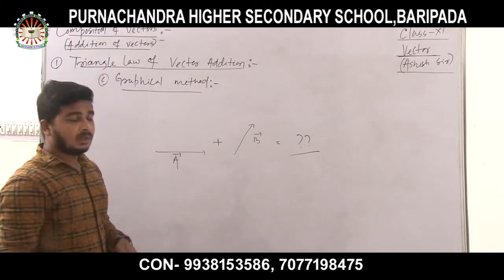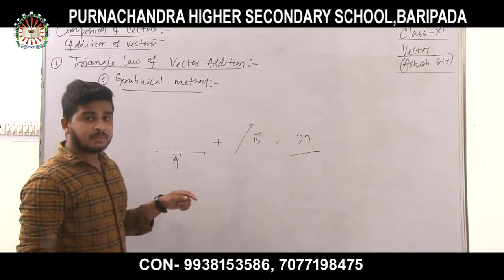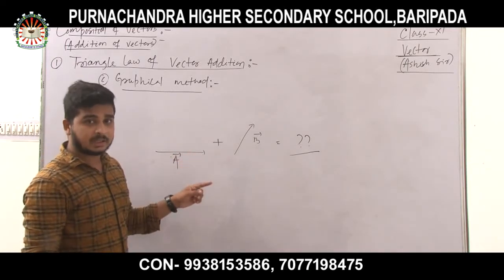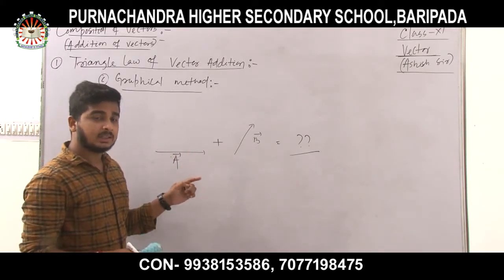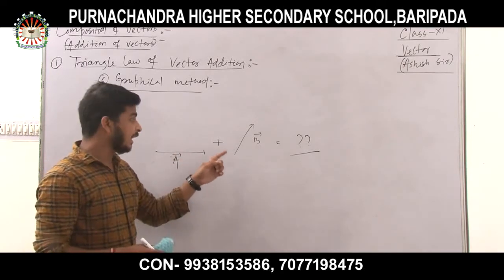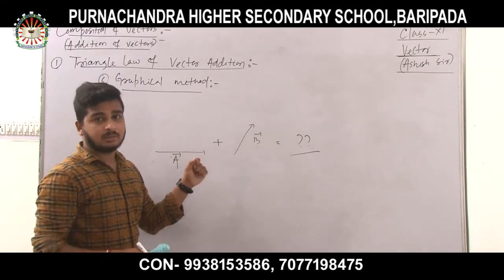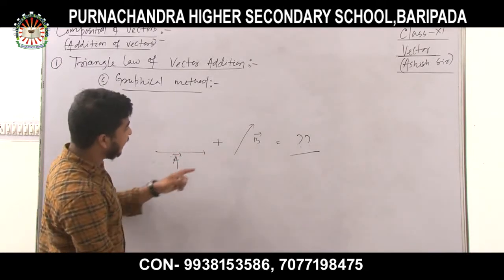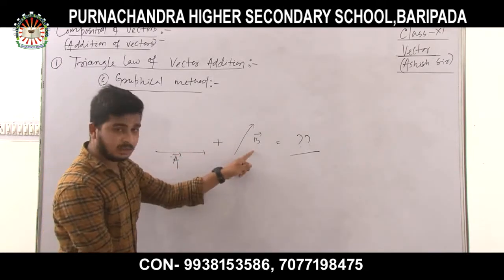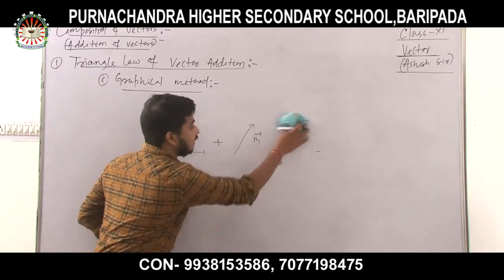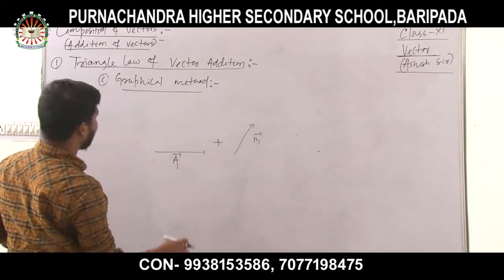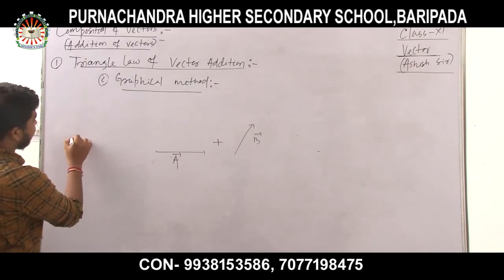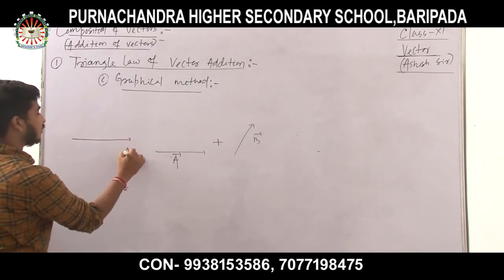I have told you that you can change the position of the vector in the space, but you cannot change the direction and magnitude of the vector. You only change the position. So a vector is here, and b vector is here. Suppose a vector is like this.